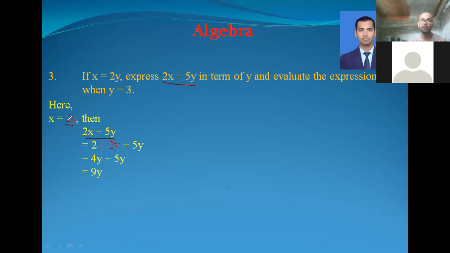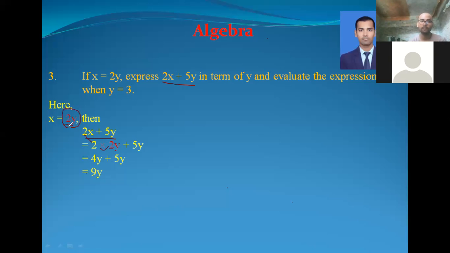Now we need to replace x with its value 2y. In the expression you can see between 2 and x there is no sign, it means there would be multiplication, so 2 is copied here, and because of no sign between 2 and x, we have written a multiplication sign, and the value of x is already given here, 2y.